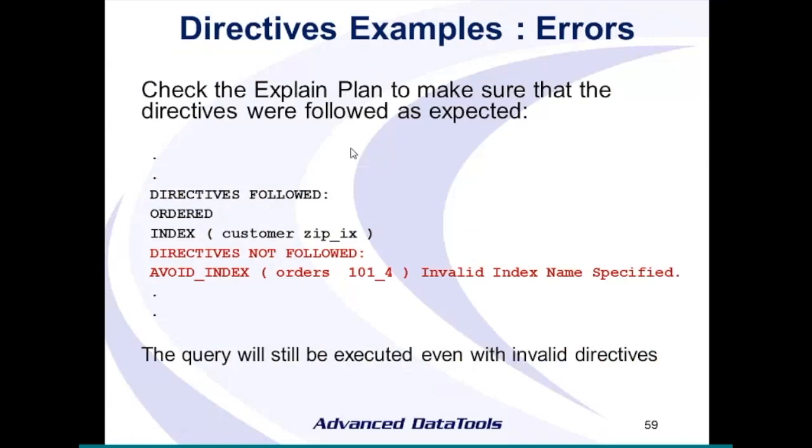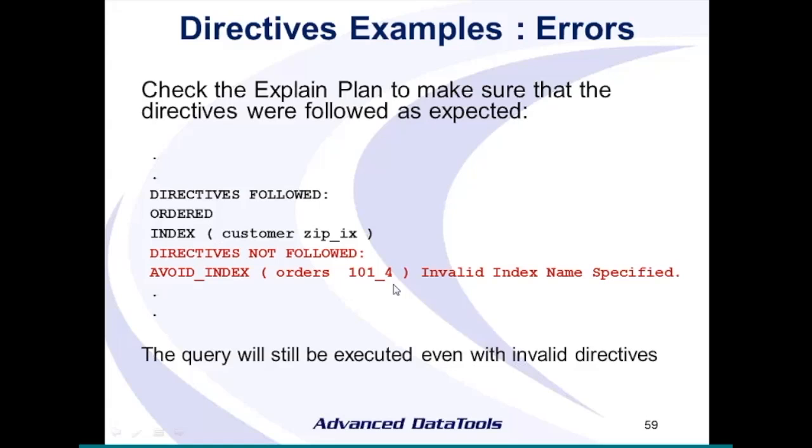Even if you supply invalid directives, Informix will still execute the SQL. It won't complain saying, oh, no, I can't do that. But the explain plan will show you if one was followed. So in this case, it tells you that the avoid index directive was not followed, because this 101_4 doesn't exist.